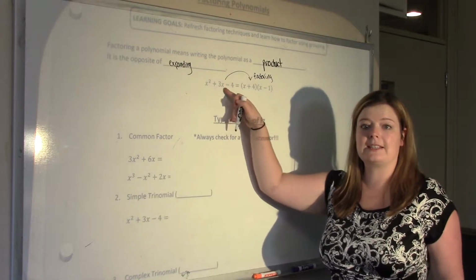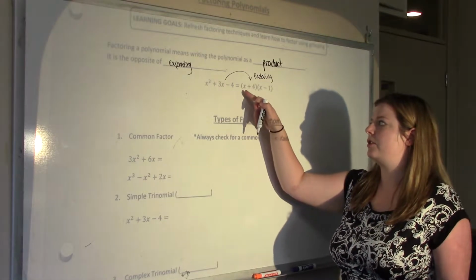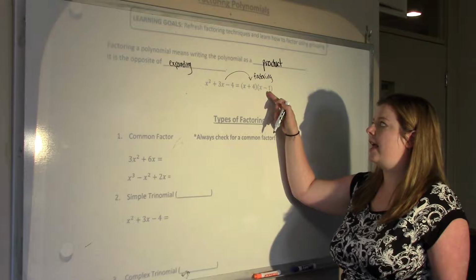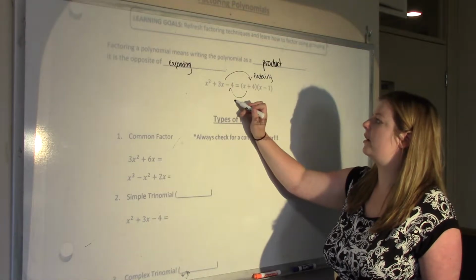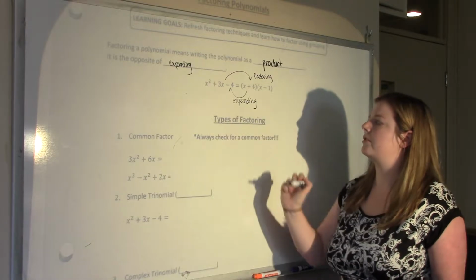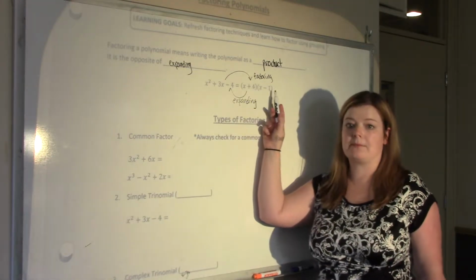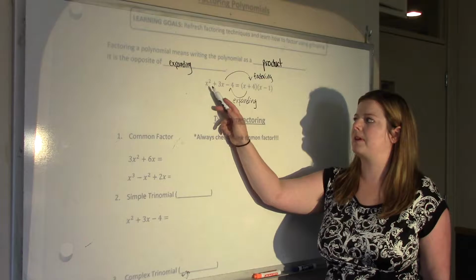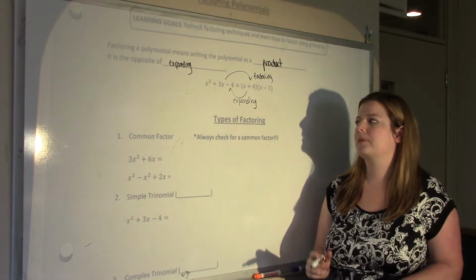Here, an addition sentence is being turned into a multiplication sentence, and the other way is called expanding. So here you go from something times something into something plus something minus something, okay?